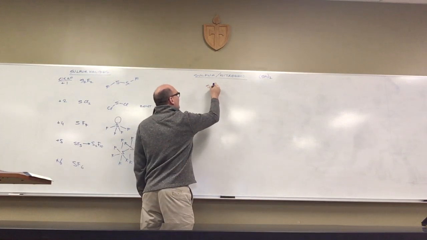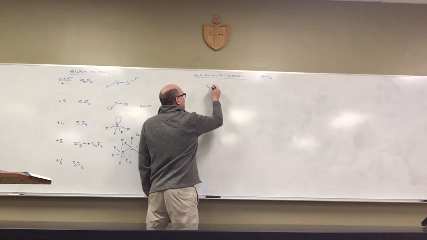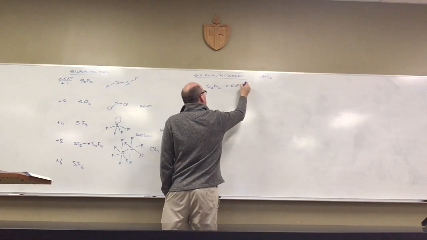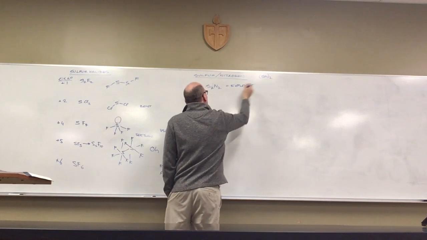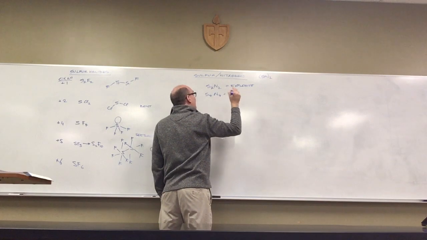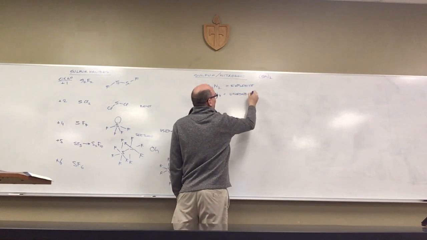You can make S2N2, and that's explosive. And you can make S4N4, which is less explosive but still unstable.